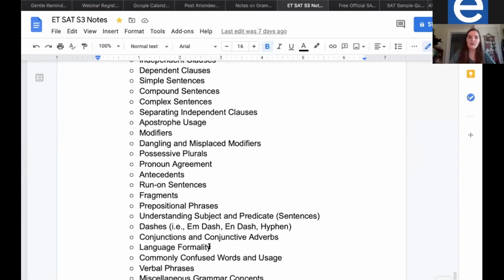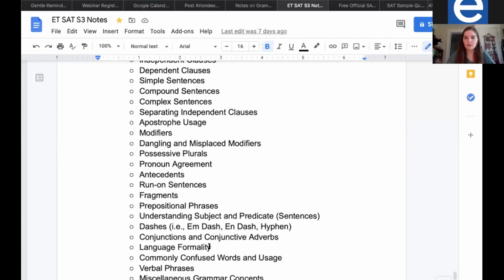Okay, we have separating, if we can get there, separating independent clauses. So using punctuation or using ways to transition between one idea and another. That also falls under that. Apostrophe usage. Again, that's another example of punctuation, but it is a specific type that they test frequently. Modifiers. This is a broad category.